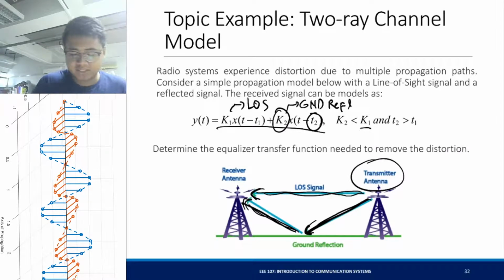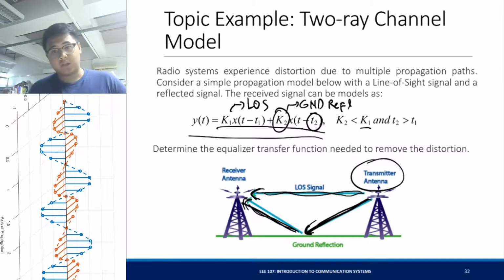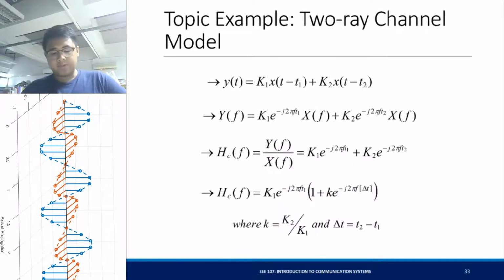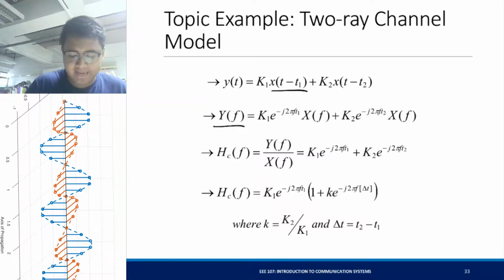Okay, so this is the response based on the behavior of the channel. Okay, so we need to solve for the frequency response of the channel, and that is by getting the ratio of the frequency response of the output divided by the frequency response of the input. By using the properties of the Fourier transform, a time delay is basically just something like this.